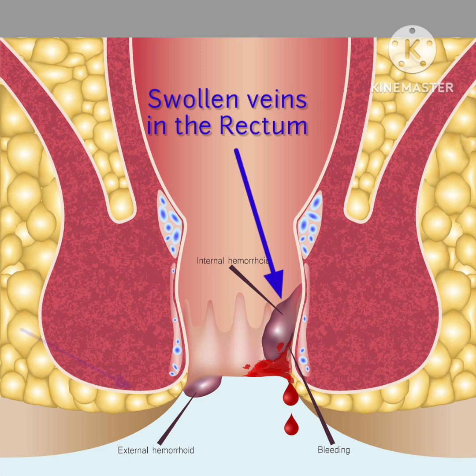The external hemorrhoid usually is the swelling of veins under the skin around the anus, and is characterized by symptoms of itching, occasional bleeding, then painful swelling.